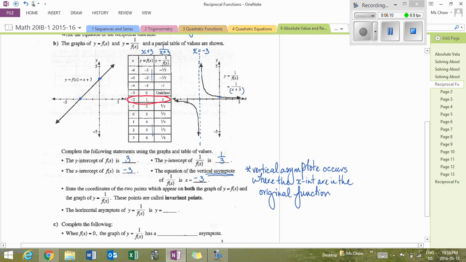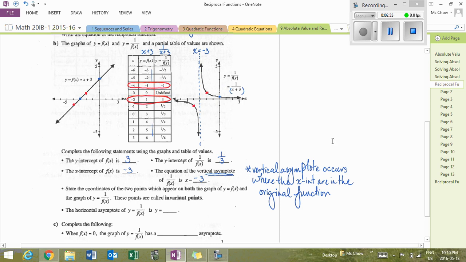Those points we can see right here. When x is equal to -2, y is 1. And y is 1 on both of them, so this point on this graph is right here, whereas the other one is at -4 and -1. So these points occur at exactly the same place.